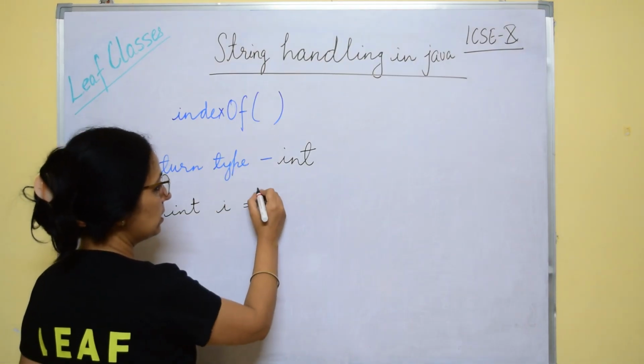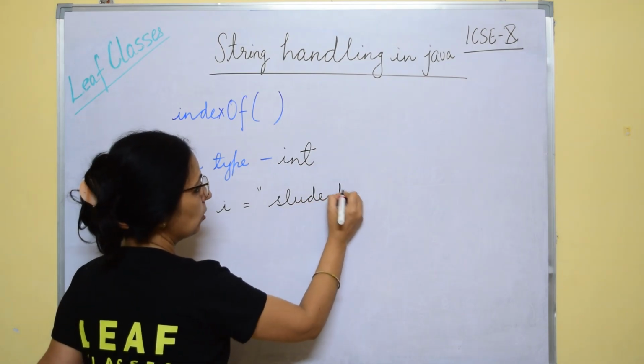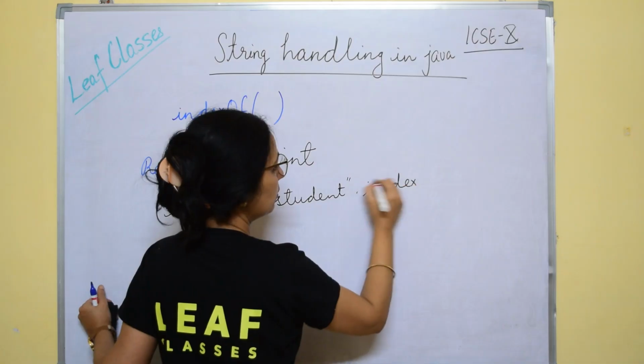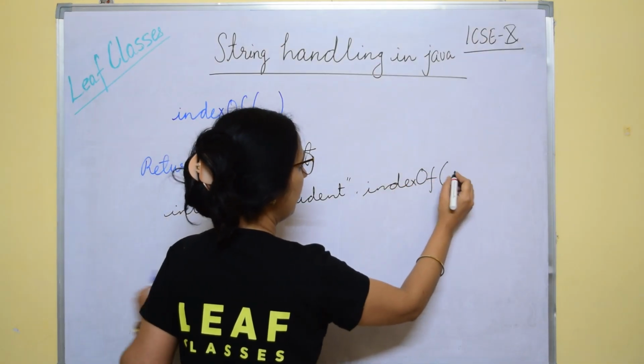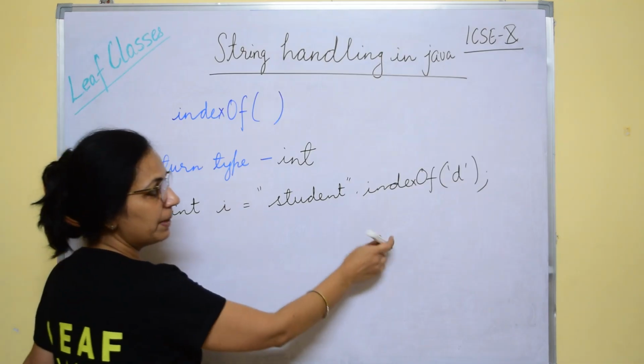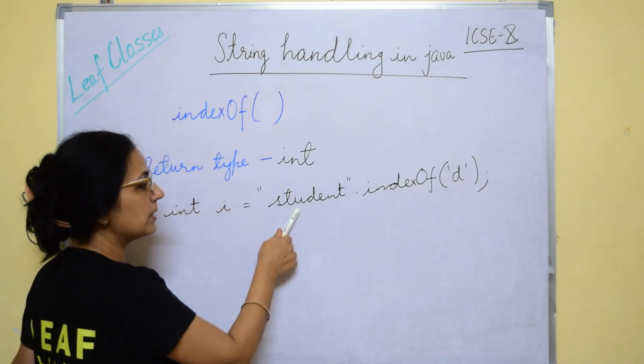Suppose I take the string "student" dot indexOf, and I give the character d. Now it will give me the index number of character d from this string.